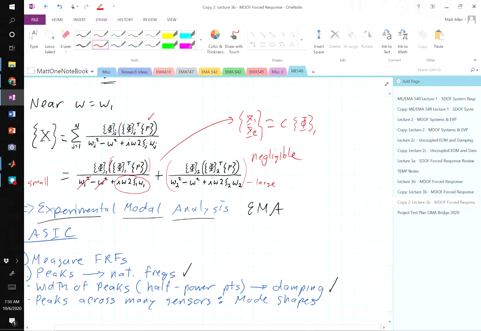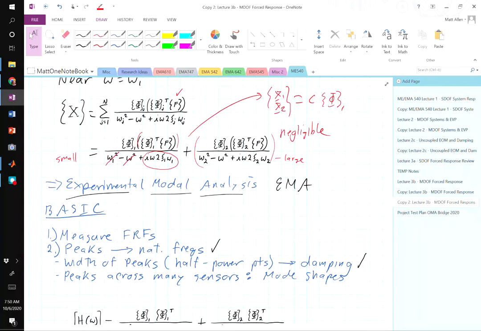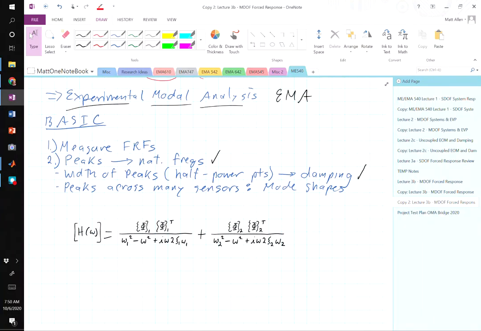So the steady state response is just proportional to a mode shape. So if we need the mode shape, we can just grab x1, x2, and up to a scale factor, we know the mode shape. All right, so that's the basic idea. And this works great, and this is used all the time in industry.